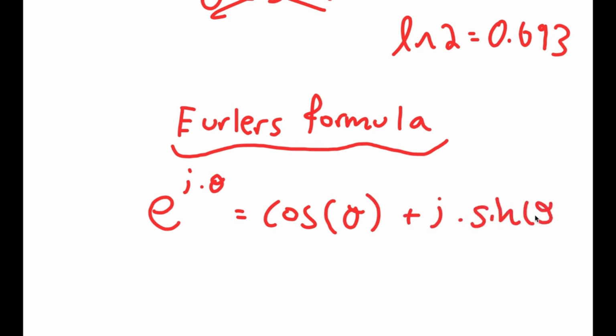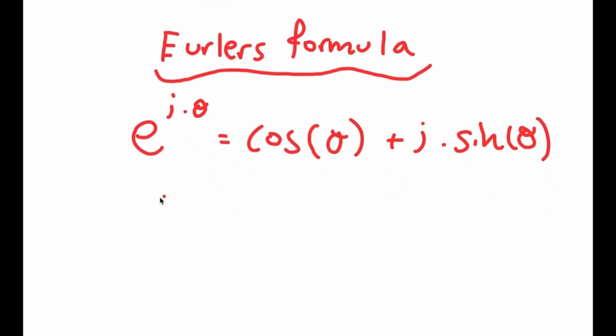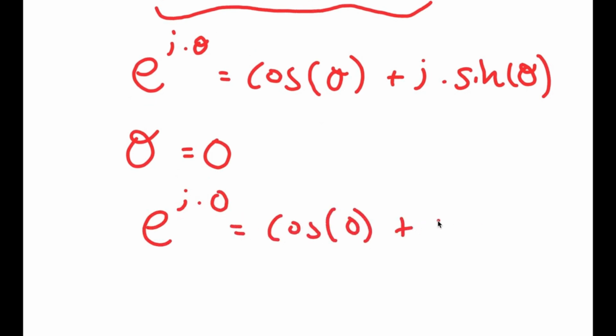And I know this may seem a little confusing right now, but let's walk through it. So what if theta is equal to 0? Then this means that I got e to the power of i times 0 is equal to cosine of 0 plus i times sine of 0.